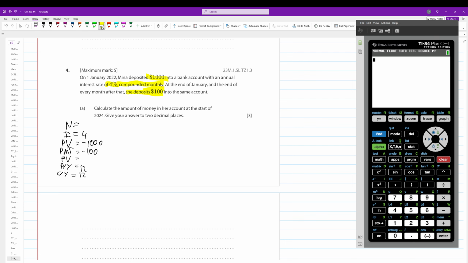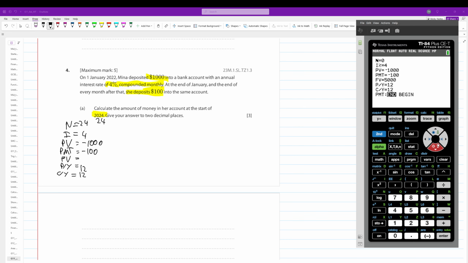Calculate the amount that she has at the start of 2024. Well, I know that there's 24 months between 2022 and 2024, so my number of compounds is 24. Using all of this, I can figure out my future value by just using my calculator. So, apps, finance, TVM solver. You can tell that I've done this already today. So, I'm not going to bother resetting all these to 0.